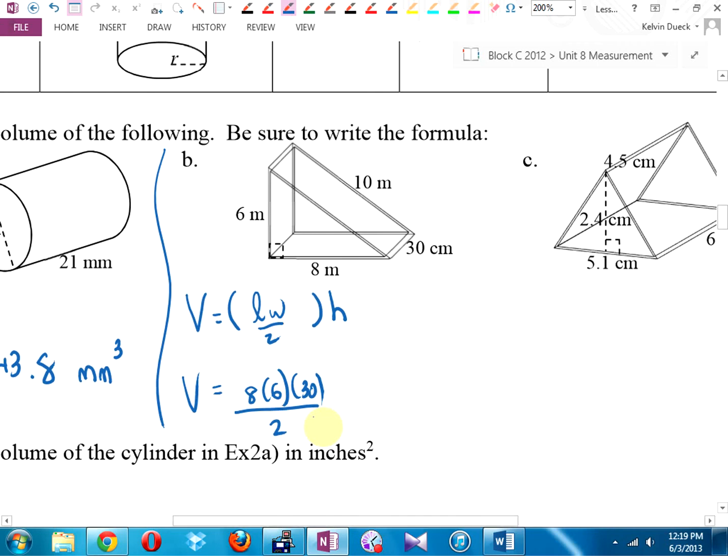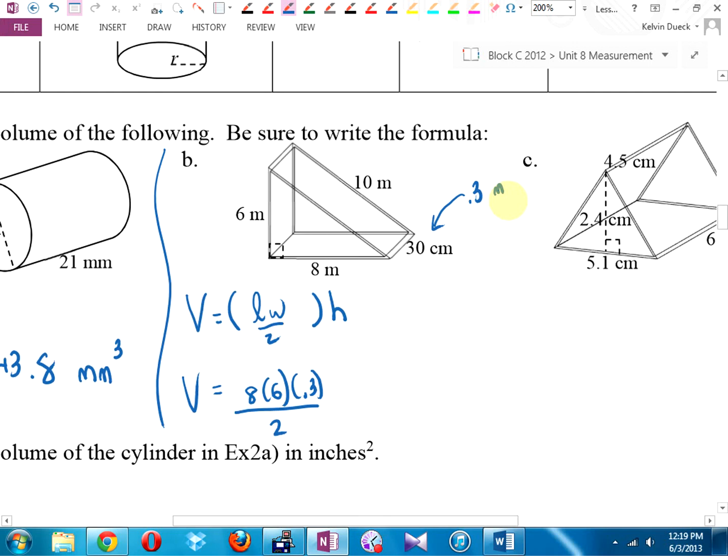Yep. But the 30 is in centimeters. Ah. Millimeters. So what's 30 centimeters in meters, Jordan? 0.3. Good catch. So it's going to be 8 times 6 times 0.3 divided by 2.